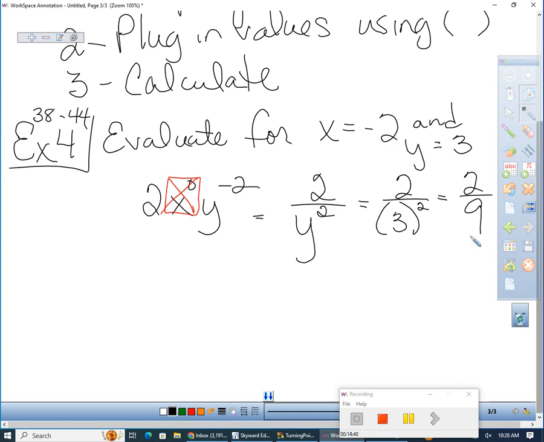So let's say, let's stick with those same values. Let's say I have 3 x to the negative 2 y to the third over y to the negative 1.